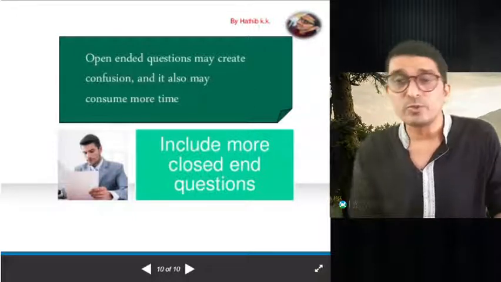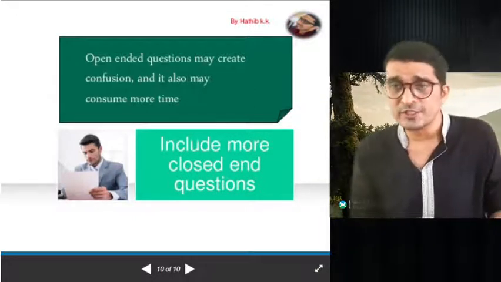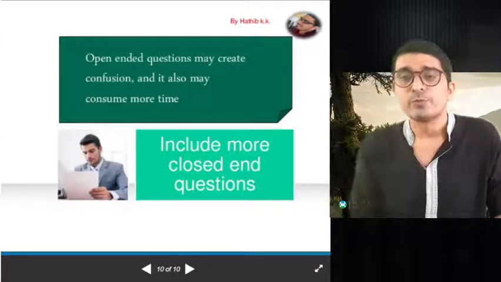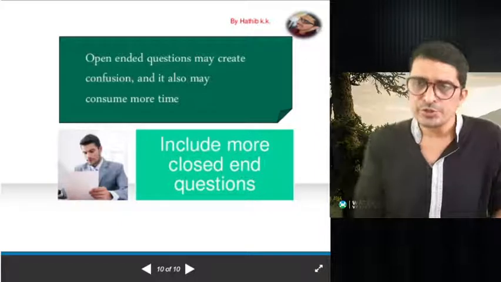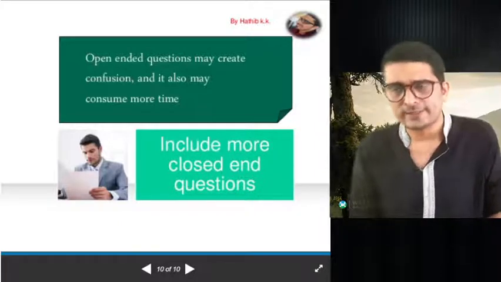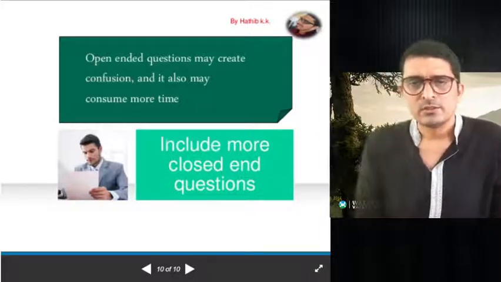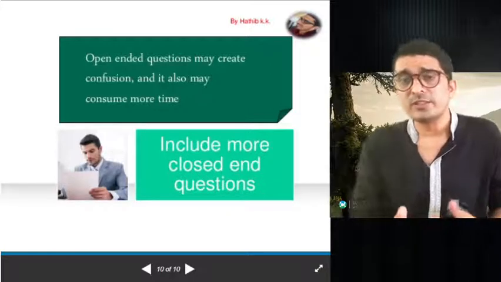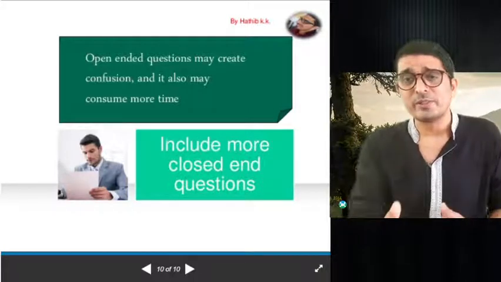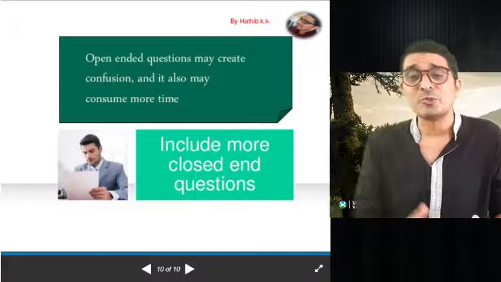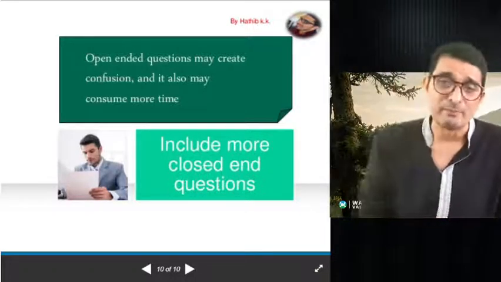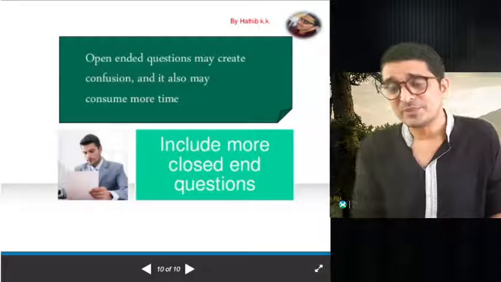When you make use of open-ended questions, questions become general. But when you make use of closed-end questions, questions become more specific. You are not going to make them write essays or paragraphs, but you are going to collect some information from them by using some questions.